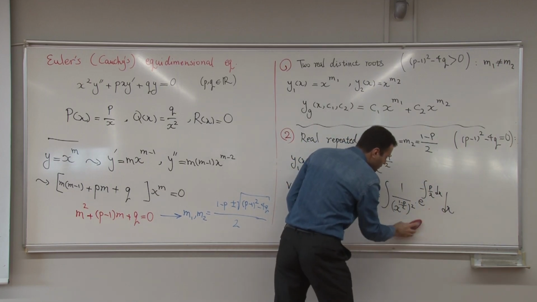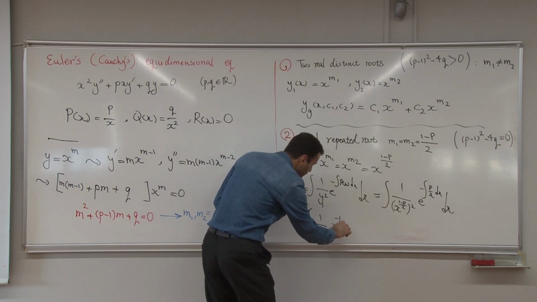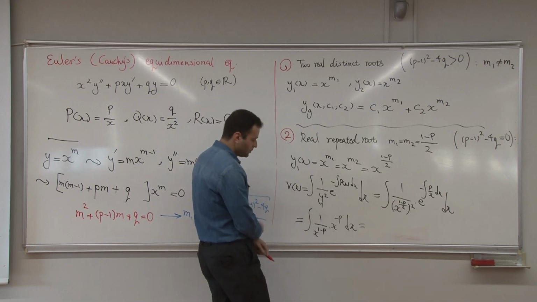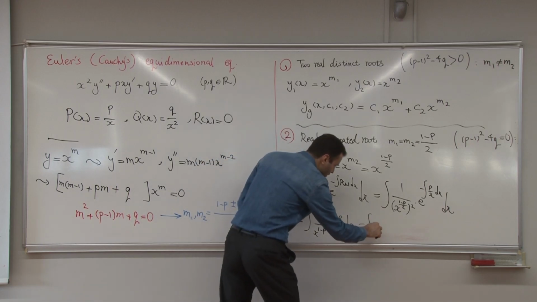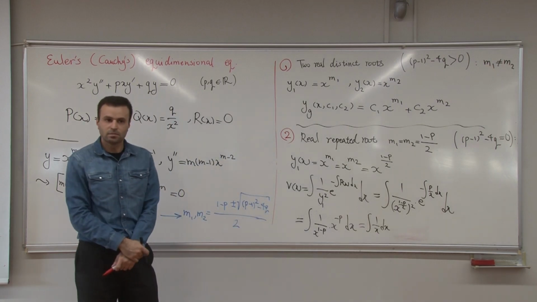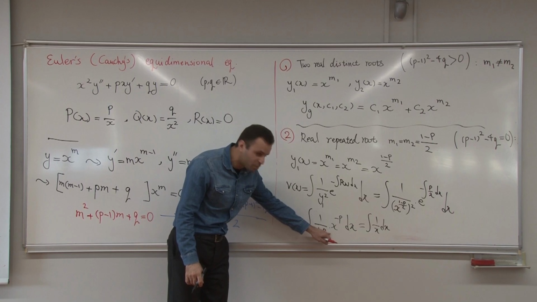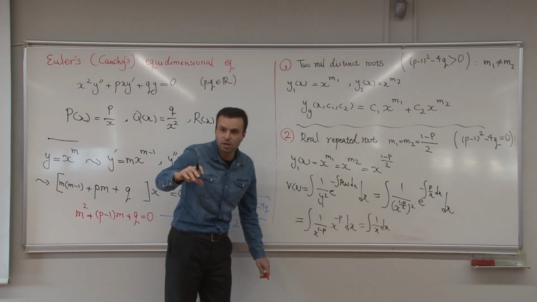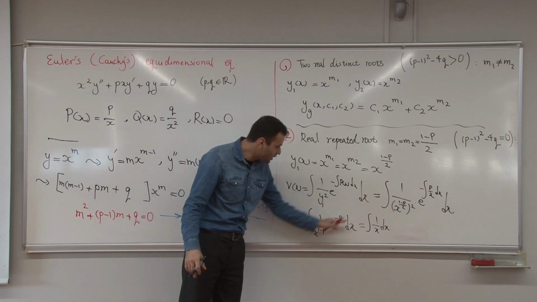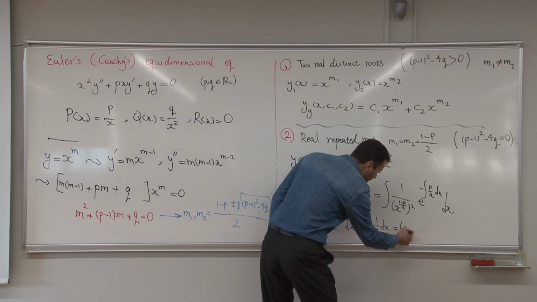So here I can write this as x to the power of minus p dx. What is this then? Is this the integral of 1 over x dx or not? This is x times x to the power of minus p in the denominator, and I have x to the power of minus p in the denominator, so that will cancel, and I have 1 over x dx. And this is equal to ln of x. Okay?